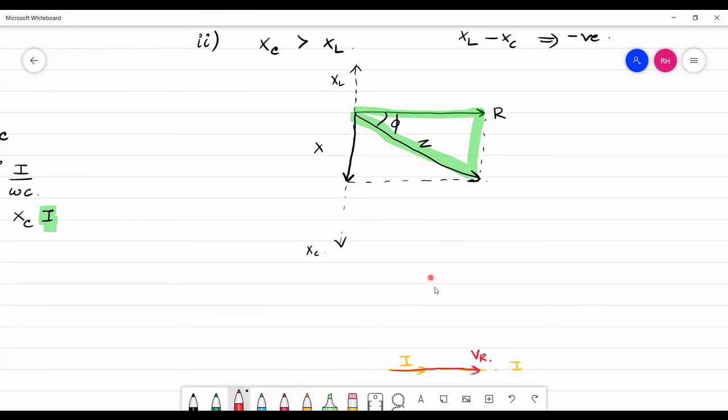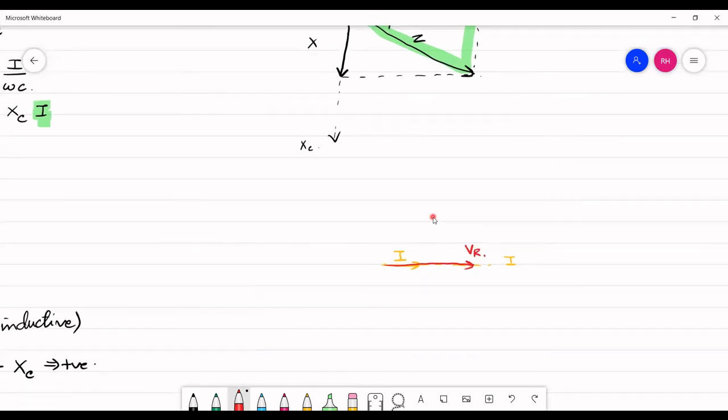And we know we have two more other voltages, which are VL, the inductive voltage drop, which is small when compared to the voltage drop across the capacitor.